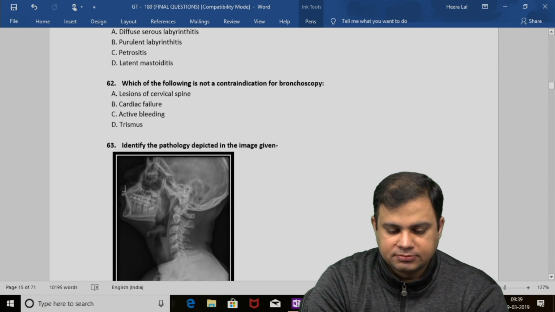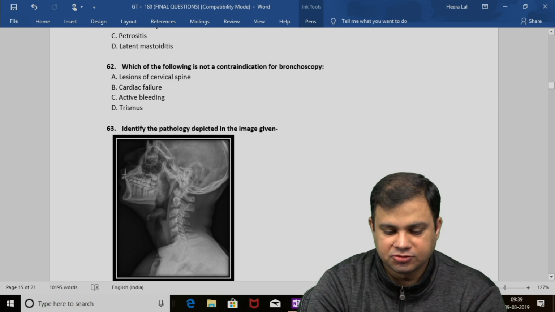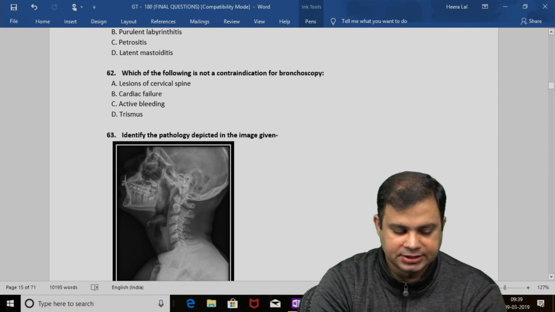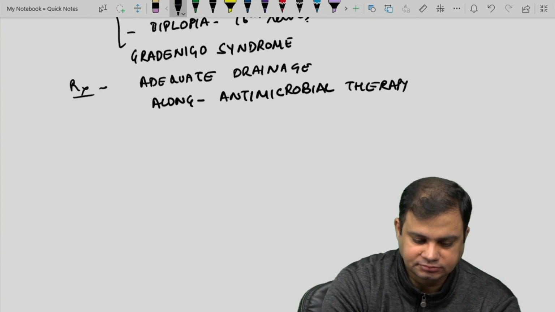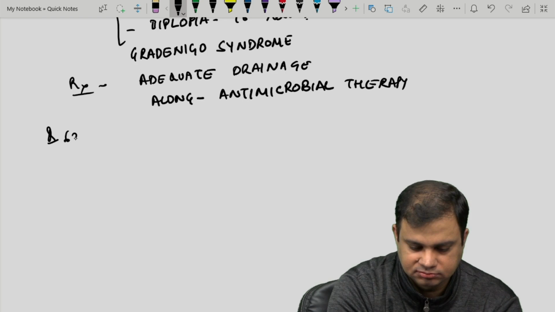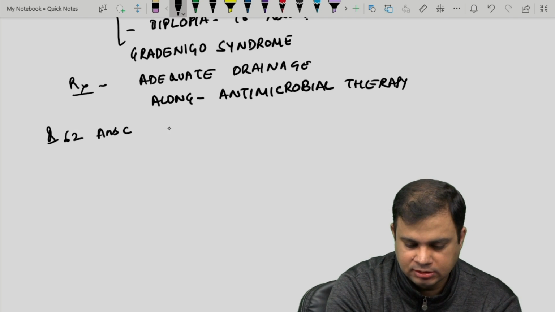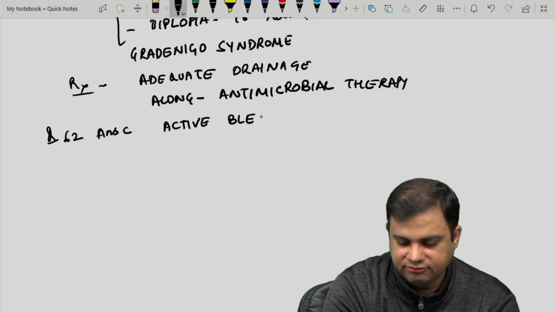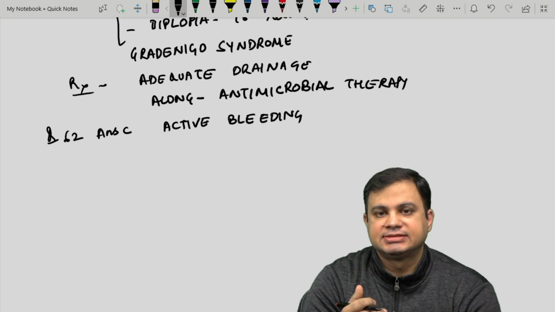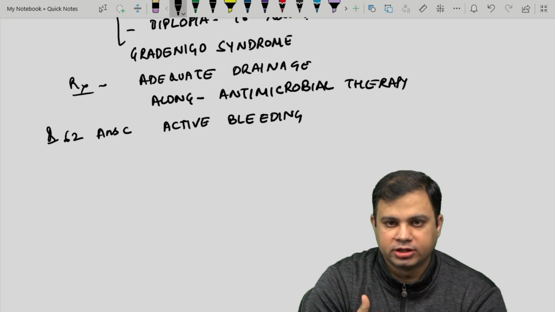Now, coming to question number 62, which of the following is not a contraindication for bronchoscopy? So, answer over here is C, that is active bleeding. Now, bronchoscopy is the examination of the tracheobronchial tree.